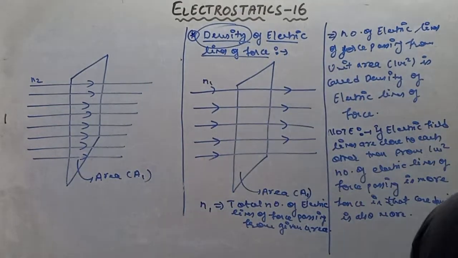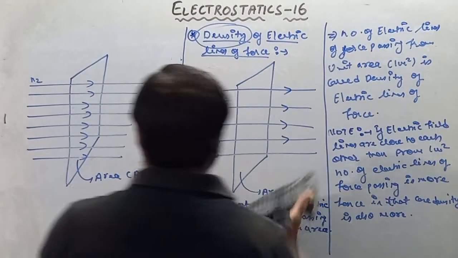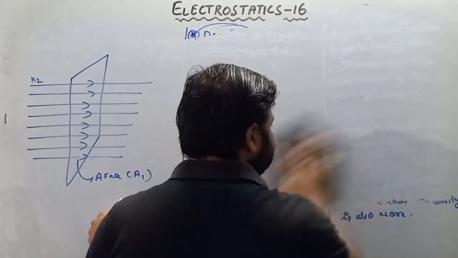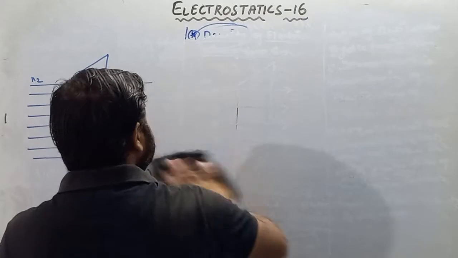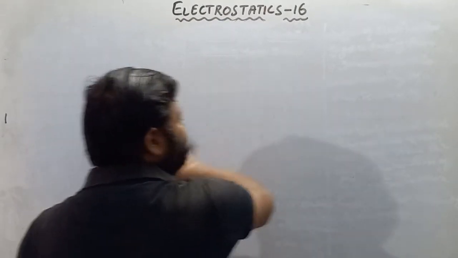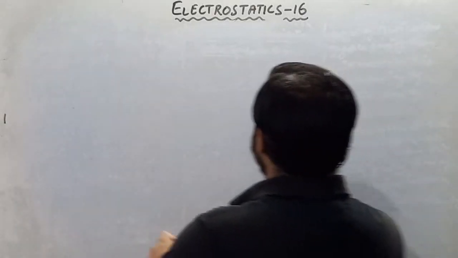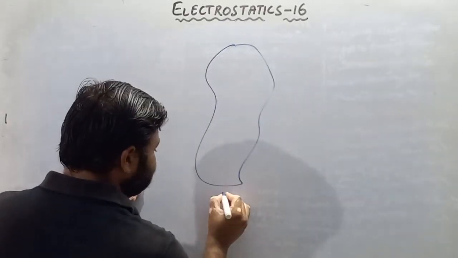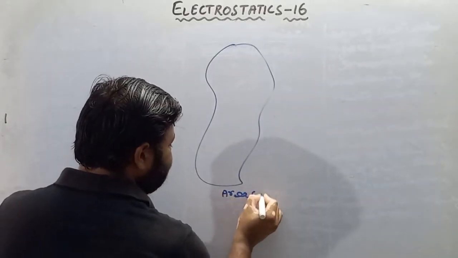So write down, in any region, let's suppose we have a region. A region is said to be an area, basically, my dear student. The number of lines in any region, let's suppose this is a region which is also called an area.